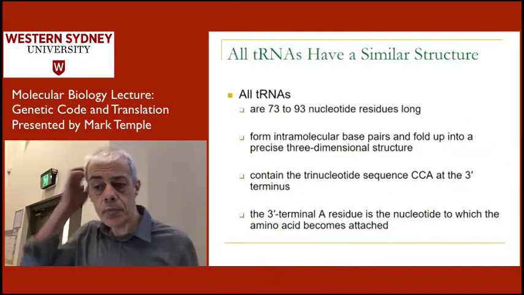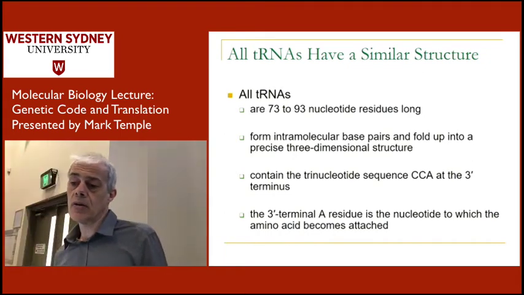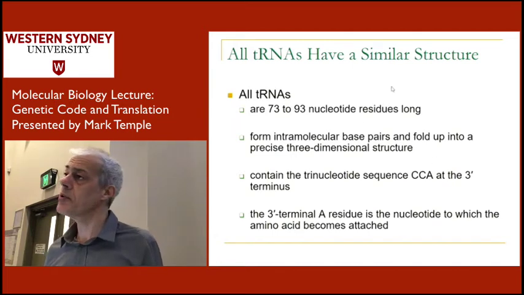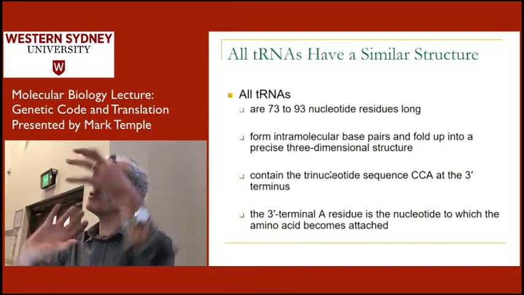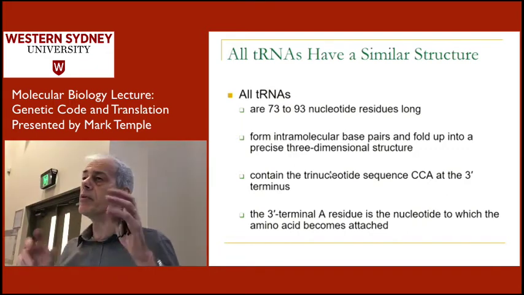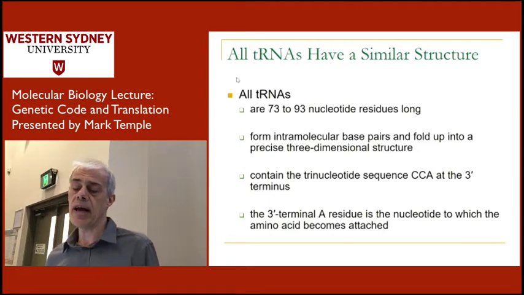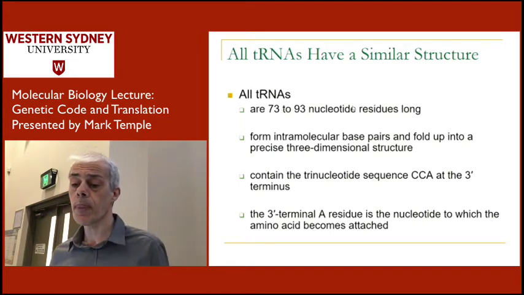All right. So transfer RNAs have a similar structure. There are differences between all of them, but they basically fold up into this cloverleaf structure, which forms that three-dimensional structure that we looked at, with those different arms, and with the 3' bit where the amino acid will attach. They're all between 73 and 93 nucleotides long.